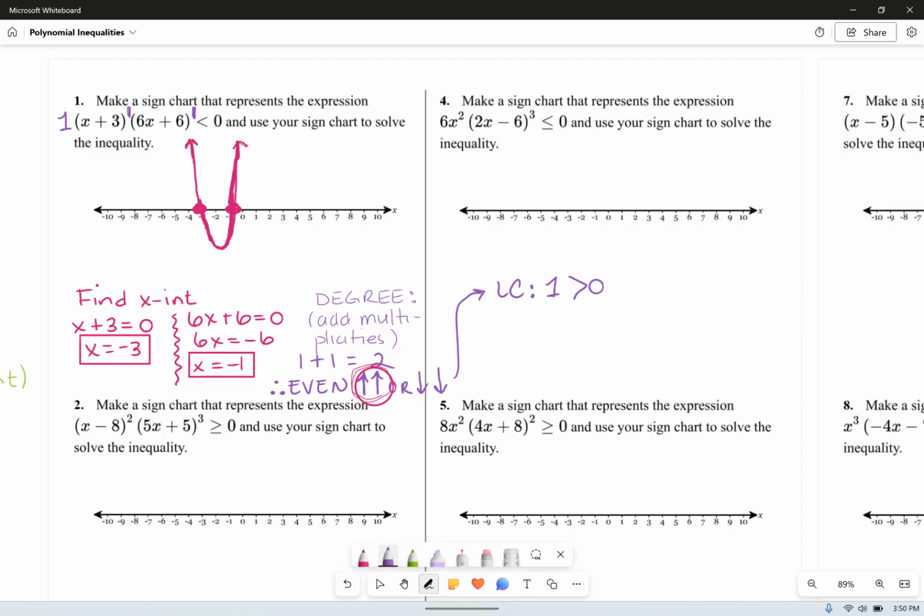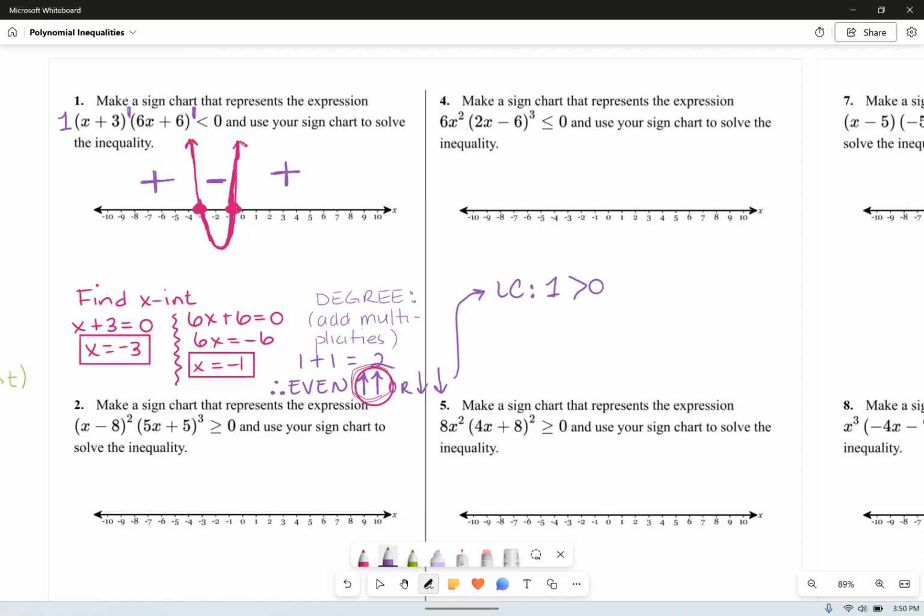It's above the x-axis. So I'm going to put a plus. Then from -3 to -1, it fell below. So I'm going to say this region in between those two numbers is negative. And then to the right of -1, notice it goes positive.